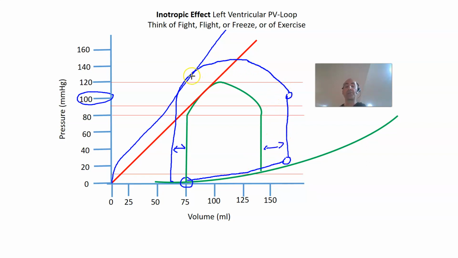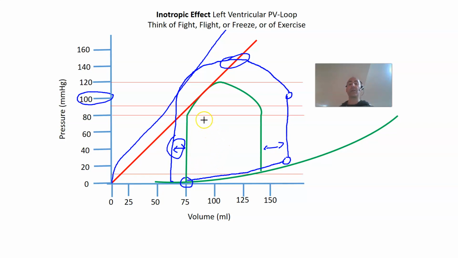This increased peak here and decreased blood in the heart are due to the contractility, right? And the increased peak is also due to the Frank-Starling. So this part over here has to do with increased contractility and the Frank-Starling law of the heart. This part here has to do with the increased contractility.